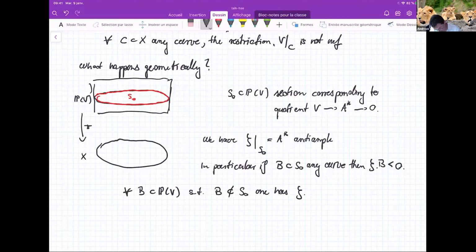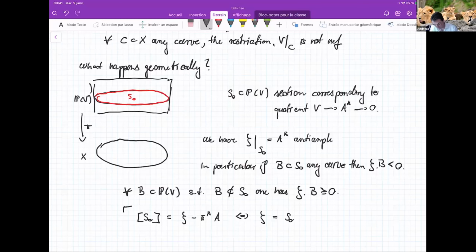And why is this? So just a hint of the proof. The divisor class of S0 we can compute. This is the tautological class minus the pullback of A. So vice versa, this tells you that the tautological class is the divisor class of S0 plus the pullback of an ample divisor.